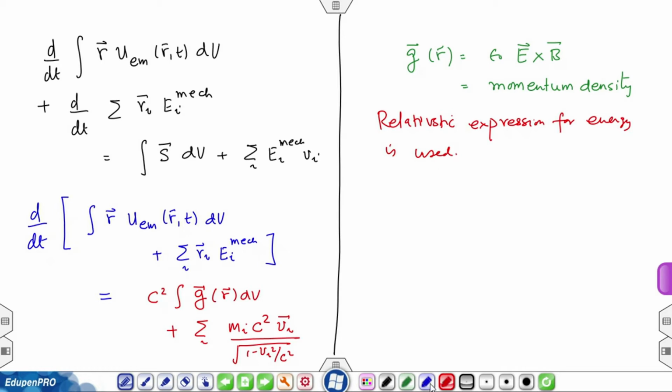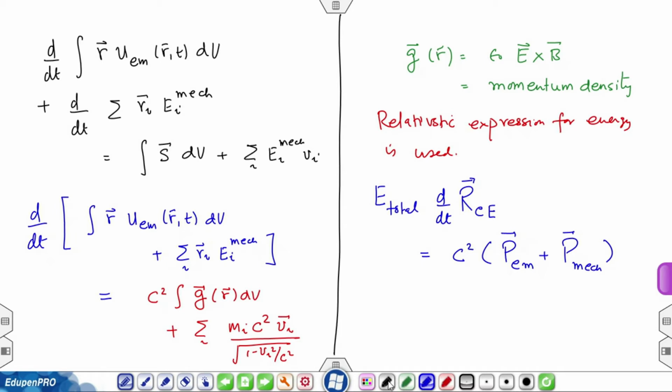Left hand side by definition is nothing but E_total times d/dt of r_center of energy, where we are saying that the total energy remains the same, and this is equal to c² (P_electromagnetic plus P_mechanical).